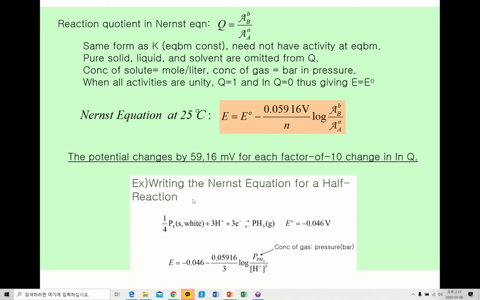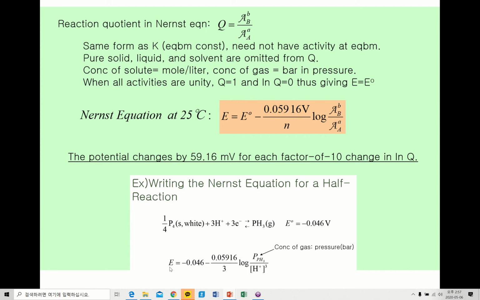Here is an example. Let's try to write the correct Nernst equation for a half reaction. This is white phosphorus, and it reacts with protons and electrons to become PH3. This is a gas, and E0 is already known as minus 0.046 volt.